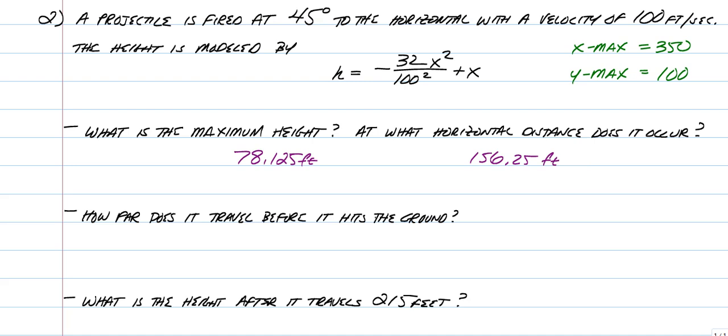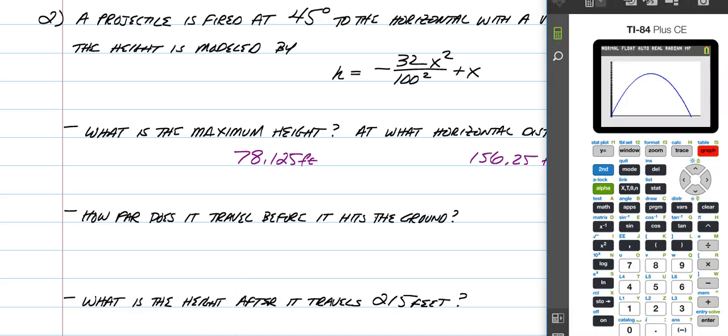How far does it travel before it hits the ground? So that one, what you would have needed to do is go and find this intersection over here. So to do that, you could just go to y2 and type in a 0. And when you click graph, you would just need to find the intersection. So to do that, you would click Second, Calc, number 5, Intersect.